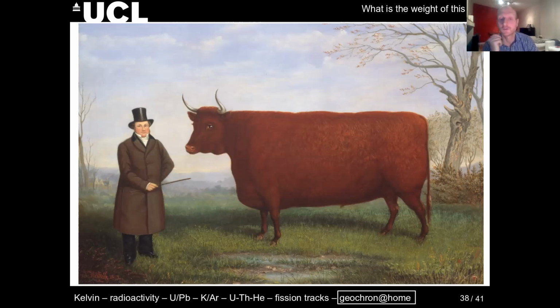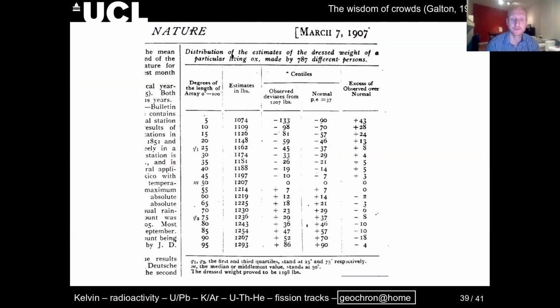Whoever came closest, I guess, won the ox. Nobody got the right weight, but the average of the 787 estimates came within a pound of the true weight, which Galton referred to as the wisdom of crowds.